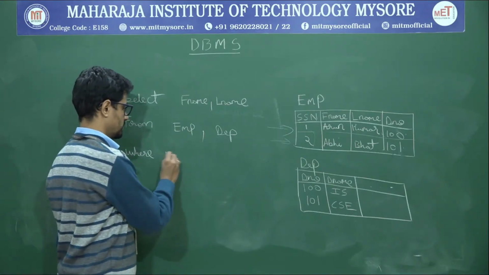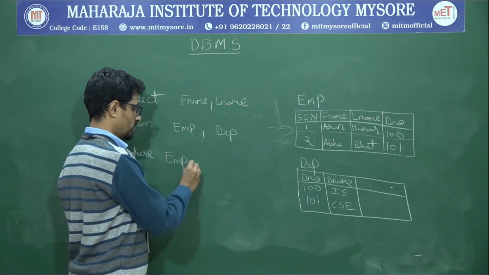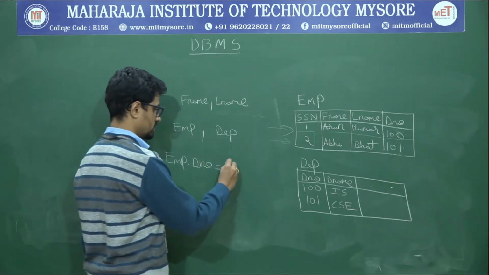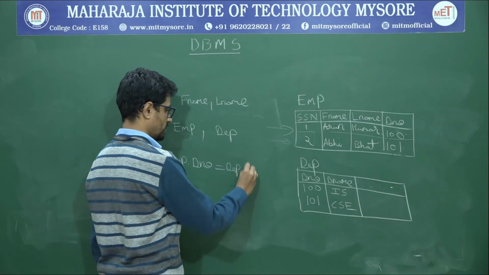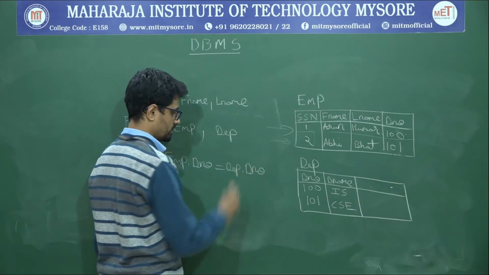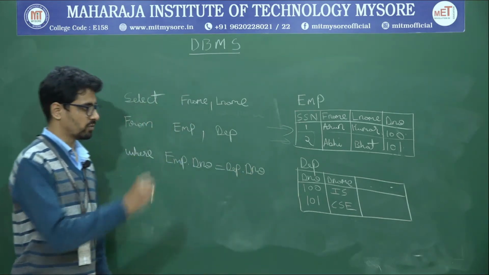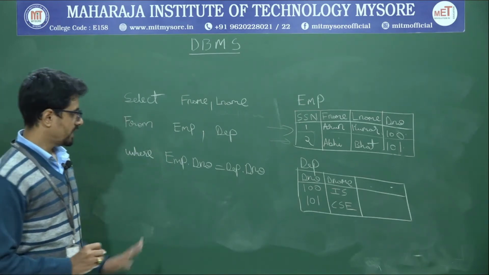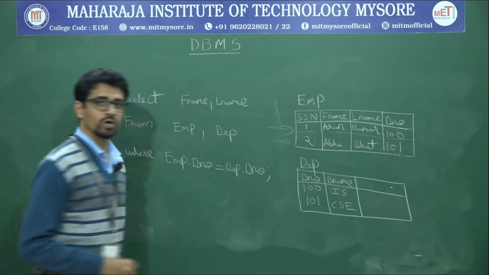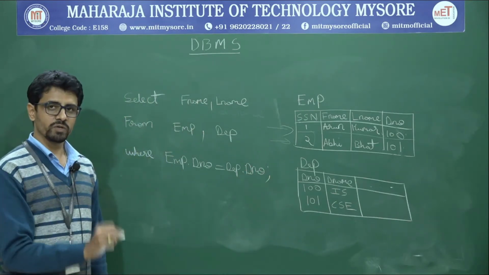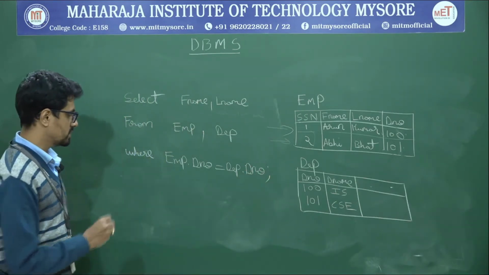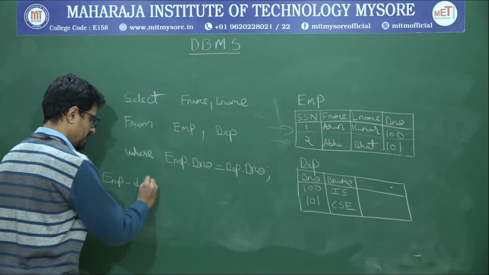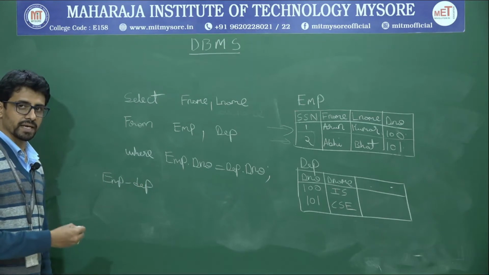So specify that employee dot department number equals department dot department number. Still the query is not complete because we have one more condition called department name as ISE. If I do this much, every time you perform a join operation, what will happen is a big table called EMP department is being created at the back end.